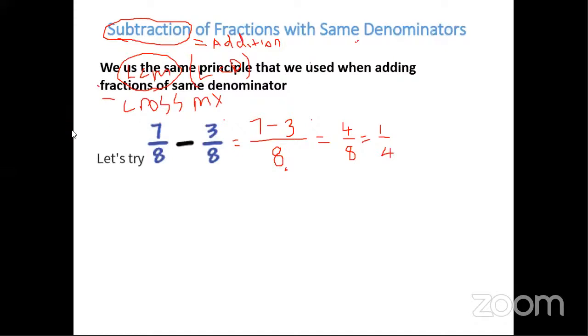Yes, the answer is 1 out of 2. So the answer is supposed to be 1 out of 2, not 1 out of 4. Yes, that's the answer. That is what people are saying when you reduce. You are welcome. Okay, it is 1 out of 2.